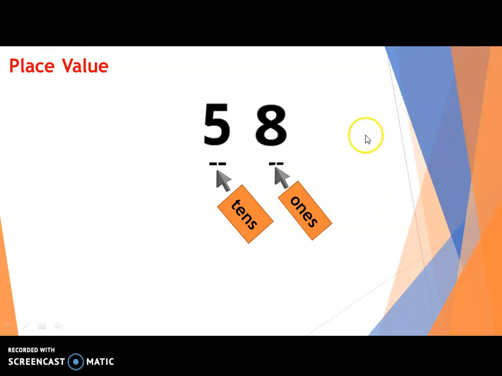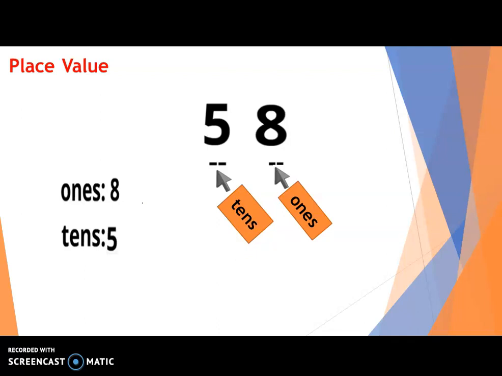Let us go back to 8. If 8 is in the ones place value, what is the value of 8 ones? 8 ones is equal to 8. The value of 8 ones is 8. And how about 5 tens? 5 tens is equal to 50. The value of 5 tens is equal to 50.